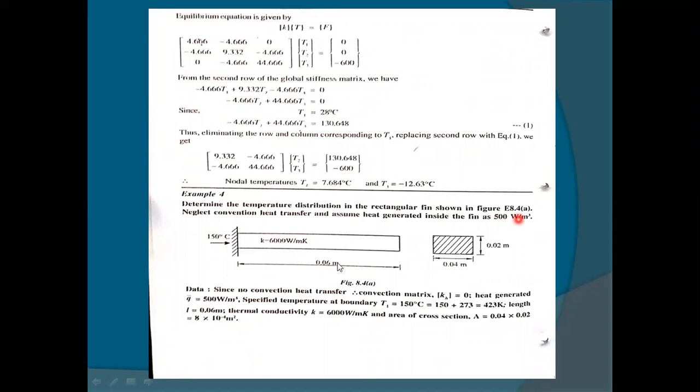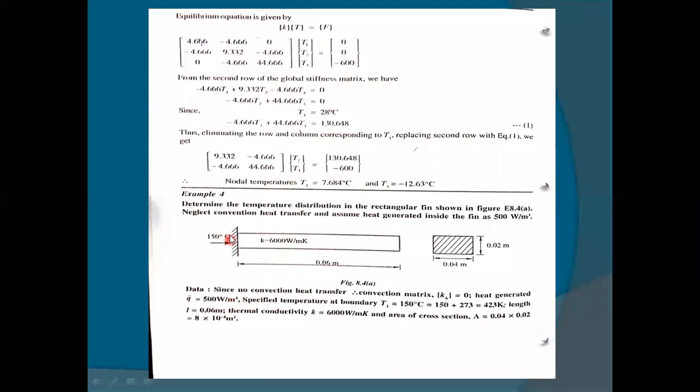So coming to the given data, there is no convection, therefore the stiffness matrix for convection, KH, is equal to 0. The heat generated is represented by small q dash, equal to 500 watt per meter cube. Now if you convert this given problem into an FEA model, we will get two nodes, node 1 at this point, node 2 at this point.